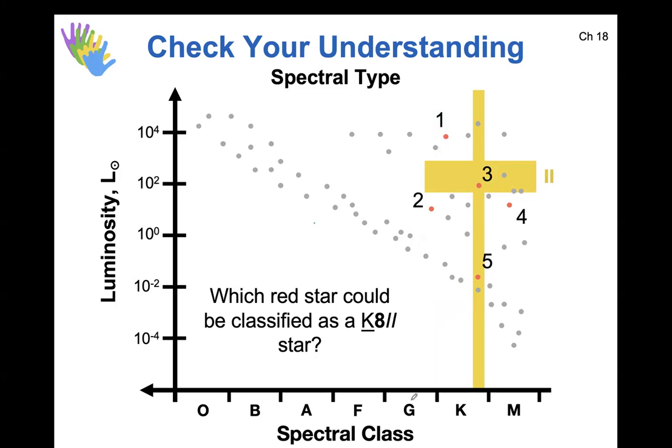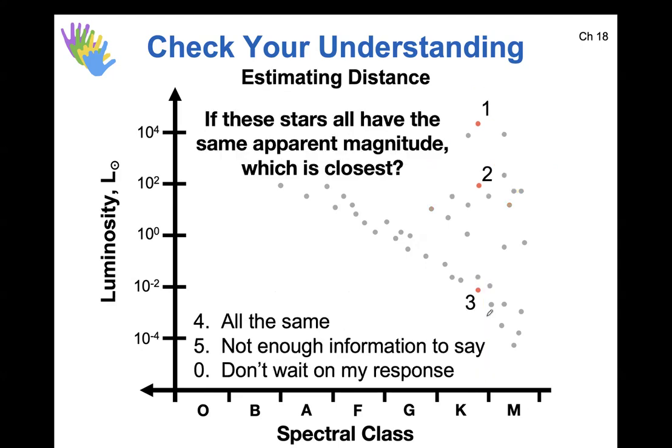And honestly, that would have been enough, right? If you looked carefully, because none of the other ones were quite bright giants, but it's hard to tell for sure. So I basically went through the same process that they did, where I kind of looked at the K's, and I said, okay, well, 8s are going to be to the far right hand side of the K's, and then went from there, narrowed it down to 5 and 3.